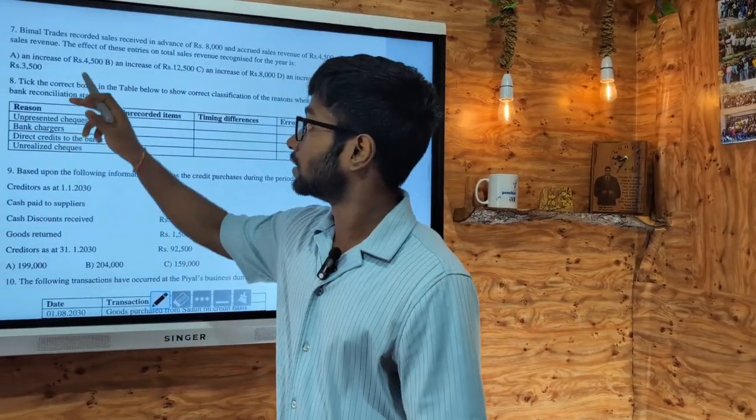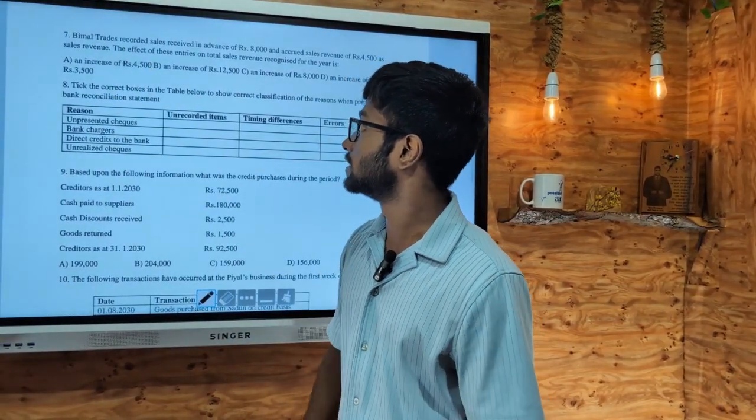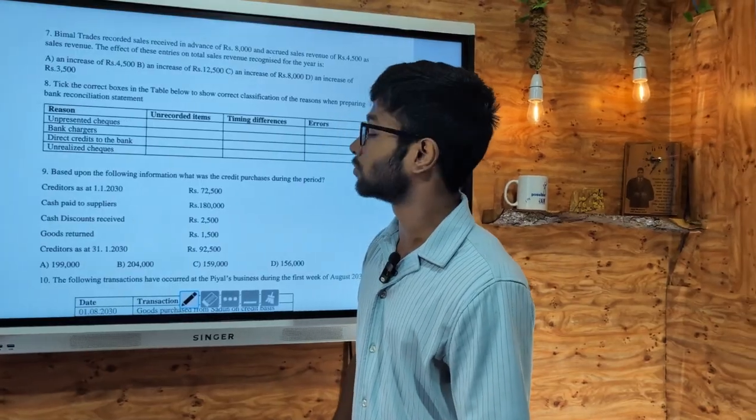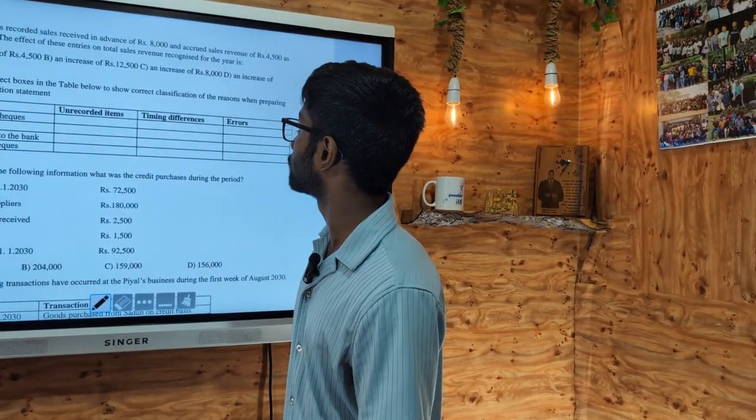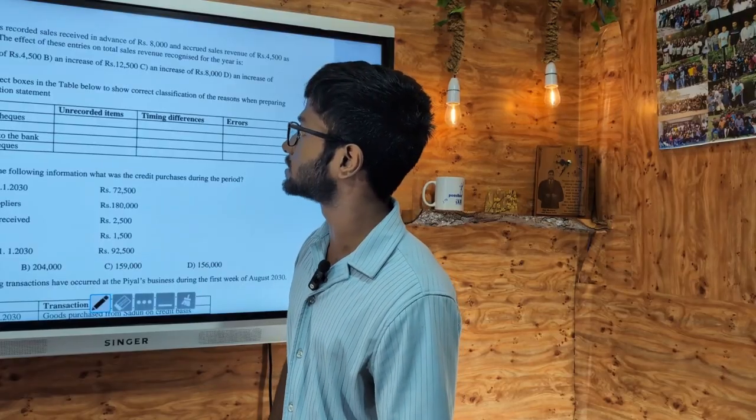So here it says Demand Traders recorded sales received in advance of ₹8,000 and accrued sales revenue of 4,500 under sales revenue.